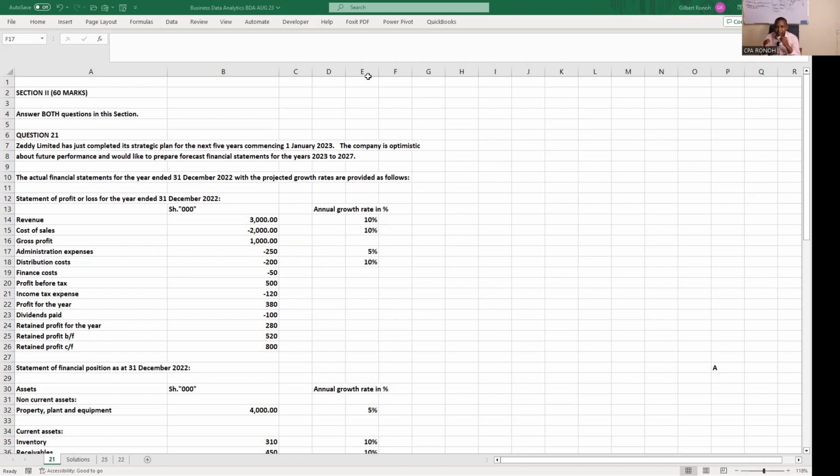The company is optimistic about the future performance and would like to prepare the forecast financial statements for the years 2023 to 2027. The actual financial statements for the year ended 31st December 2022, with the projected growth rates, are provided as follows.